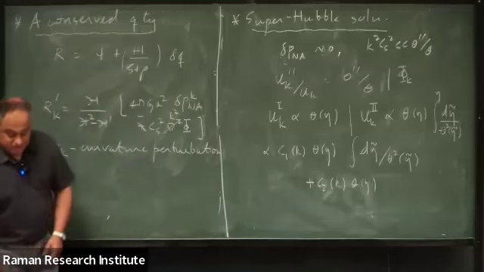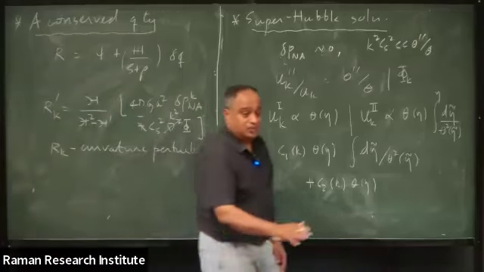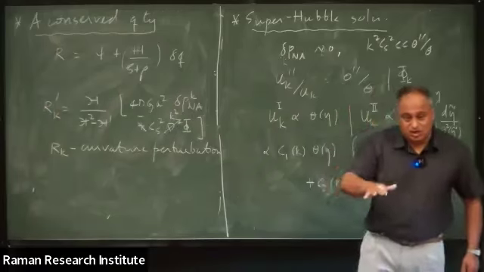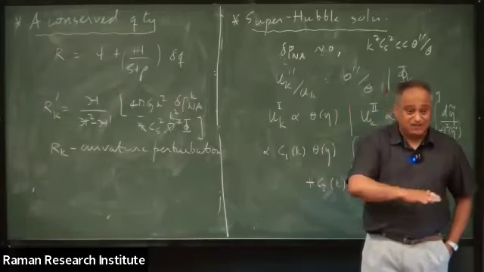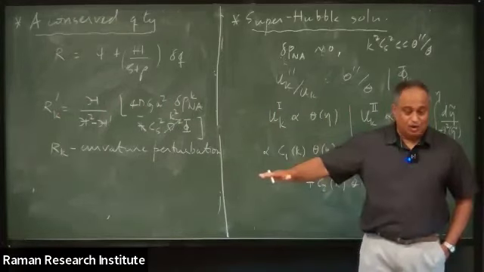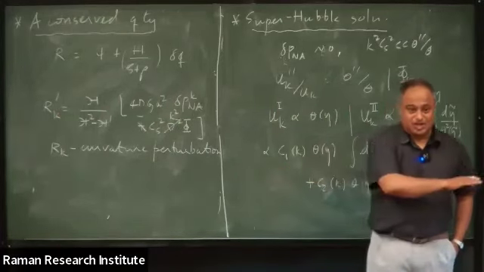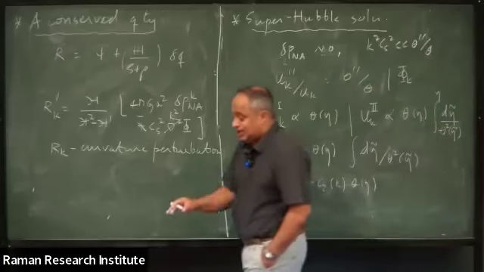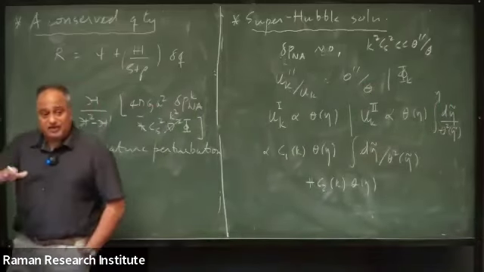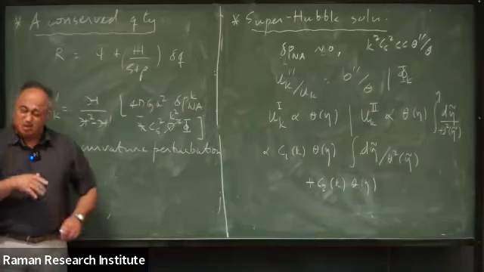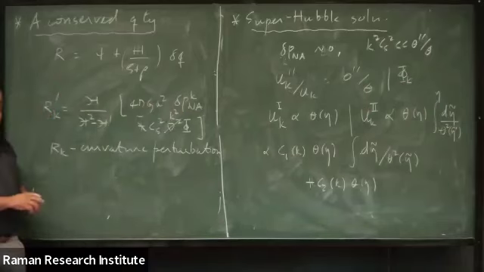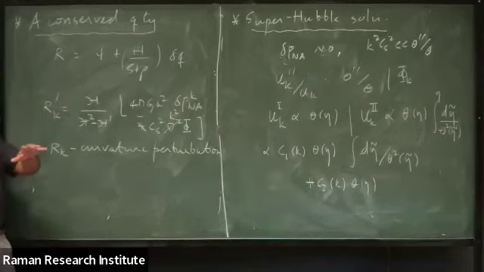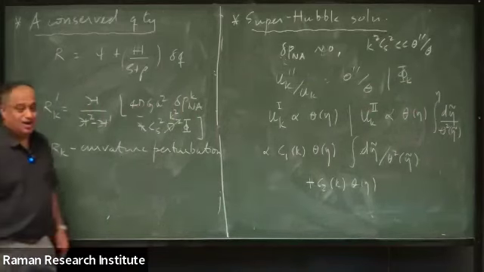Because what happens, you had a background which was spatially flat, but you have introduced inhomogeneities. Therefore, there is no spatial flatness anymore. I hope it is clear. We had a spatially flat, homogeneous and isotropic background, but we have introduced inhomogeneities on top, and these inhomogeneities are changing the curvature, and the curvature at any given point is proportional to R_k.